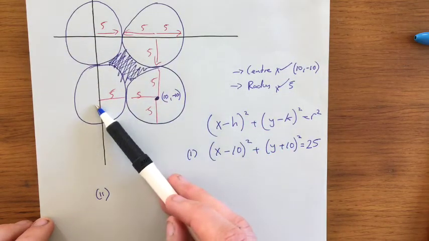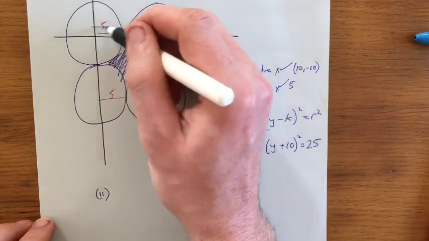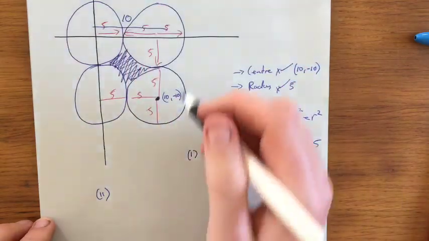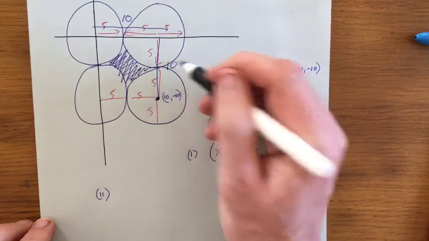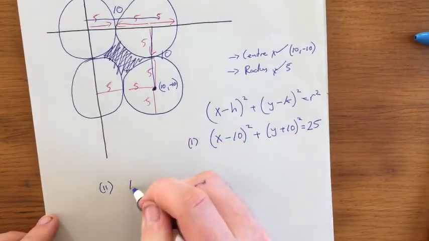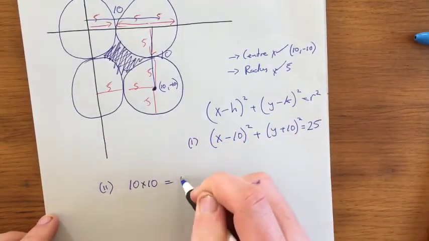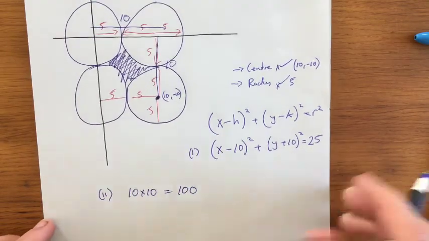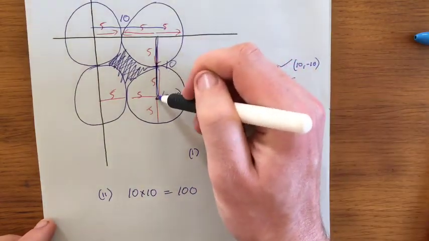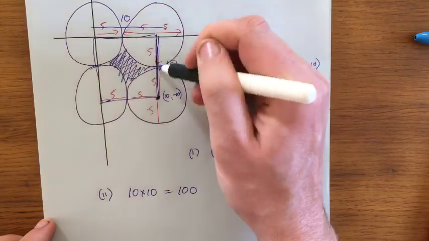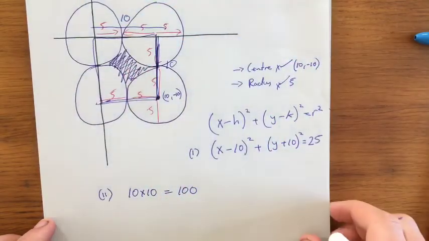That square there, so going right the way across here is 10. And going right the way down here is 10. So that full square there is a 10 by 10 square. So the area of the full square that I'm shading in now is 100. The area of this full square here is 100.